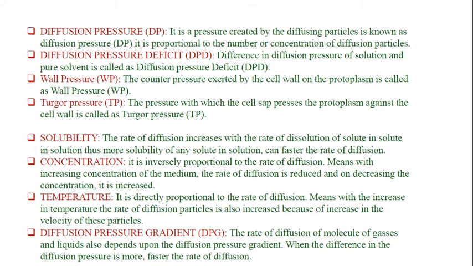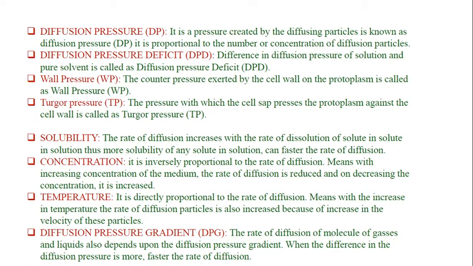So what happens in the case of concentration? If increased concentration is present in the medium, at that time the rate of diffusion is going to be lower or reduced, while on decreasing concentration the rate of diffusion is going to be enhanced, higher and increased. Likewise, temperature is a factor which can fluctuate in every environment.